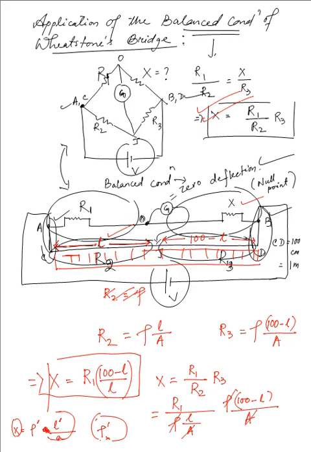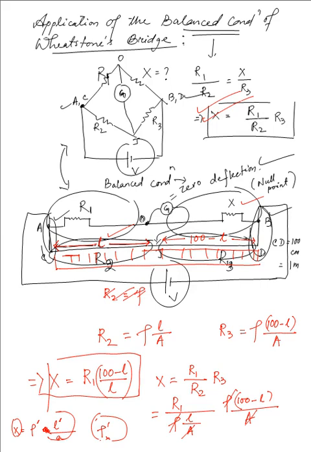So this is how we use the balanced condition of the Wheatstone's bridge in order to determine an unknown resistance, and the device which helps us to do that efficiently is the meter bridge. In most of the practicals you have these kind of setups where you have to obtain X.